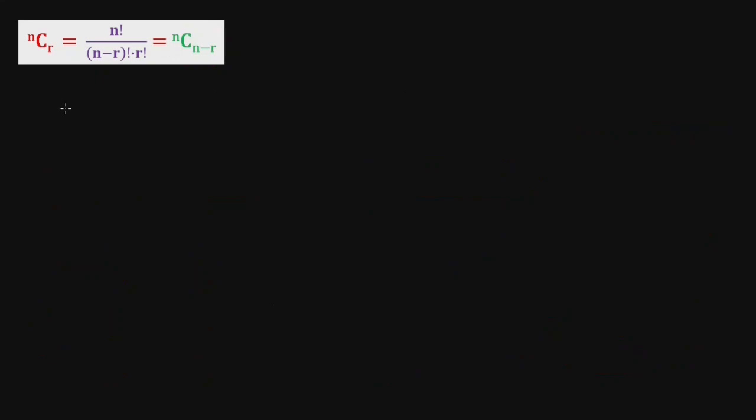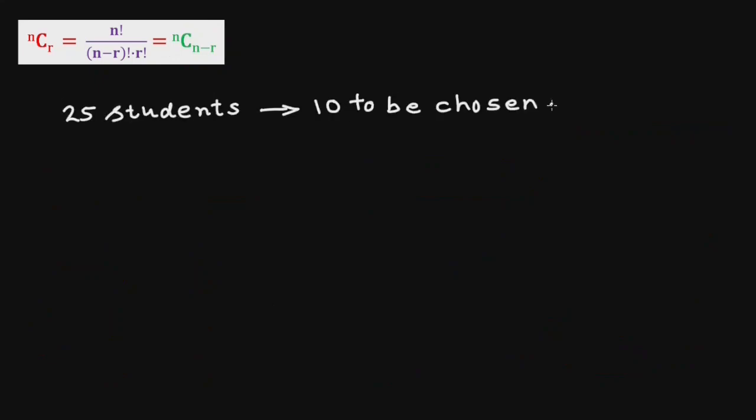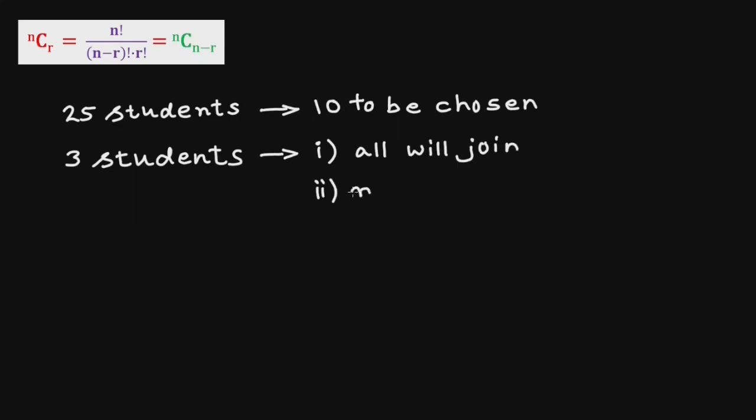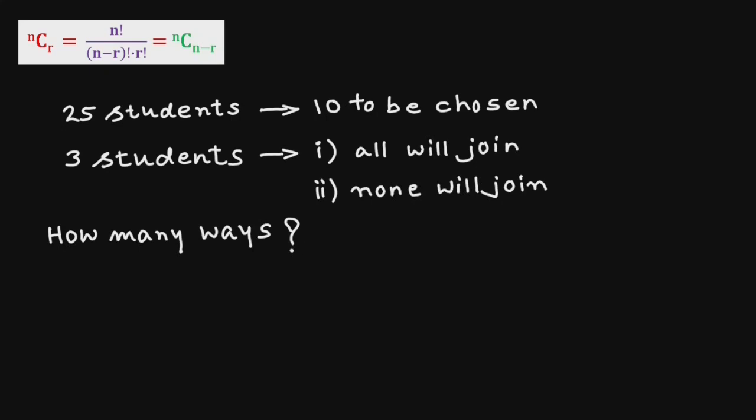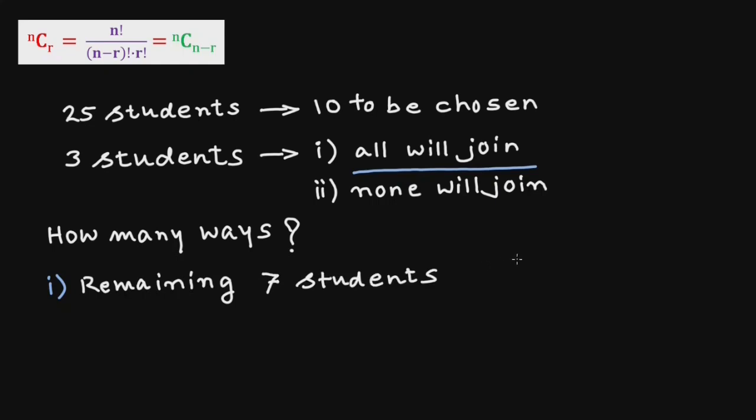From a class of 25 students, 10 are to be chosen for an excursion party. There are 3 students who decide that either all of them will join or none will join. In how many ways can the excursion party be chosen? In the first case, when all 3 students decide to join, then the remaining 10 minus 3, that is 7 students, can be chosen amongst 25 minus 3, that is 22 students, in 22C7 ways.